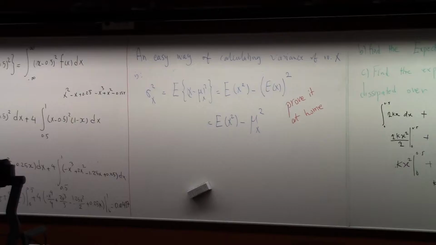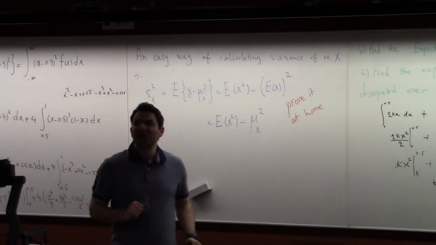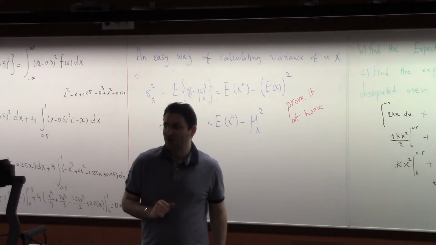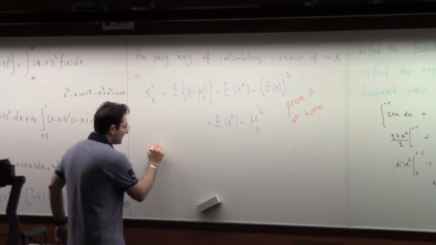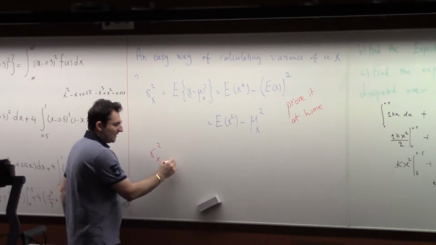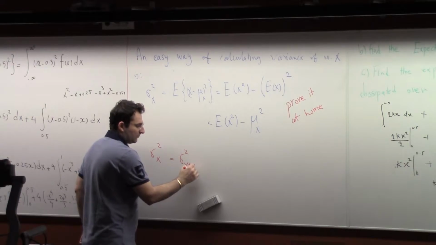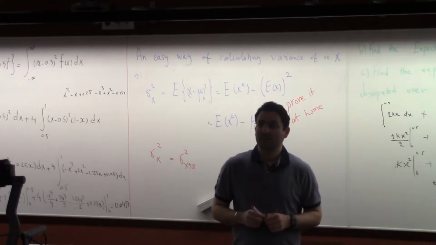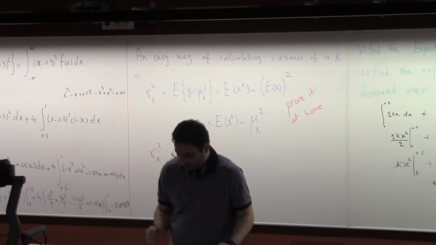The variance will be fixed. However, the expected value will change. In other words, sigma square of x plus or minus alpha is sigma square of x. It won't change the variance, but it will change the expected value. Keep this in your mind.